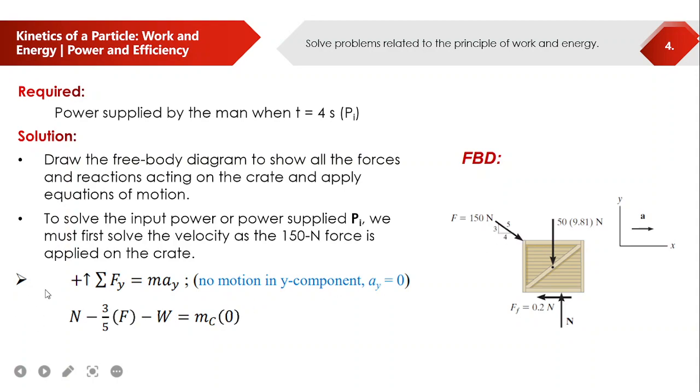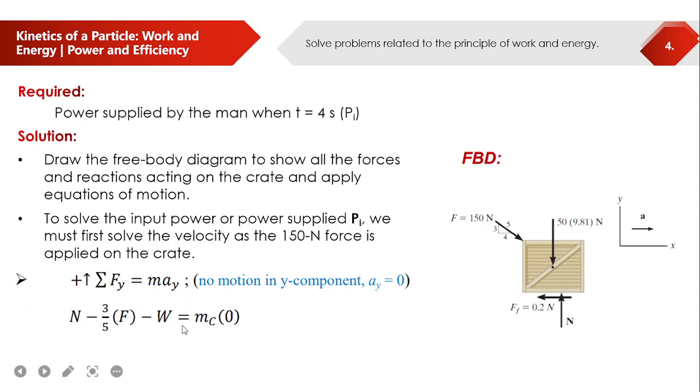So normal force, positive yung natin pa upward. Okay? So that will be positive N minus or negative force kasi nga paano siya pa downward. But the vertical component, that will be 3 over 5. Okay? So minus 3 over 5 F minus W. Negative yung W kasi nga pa downward.